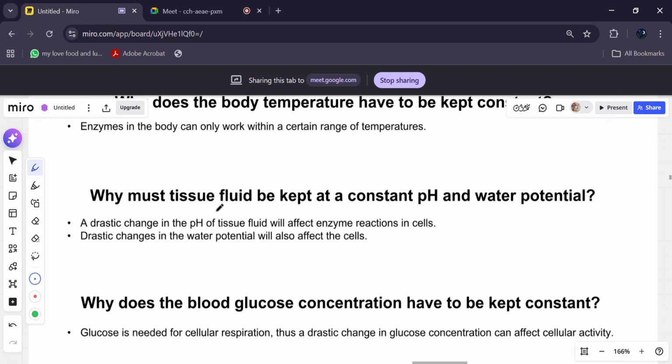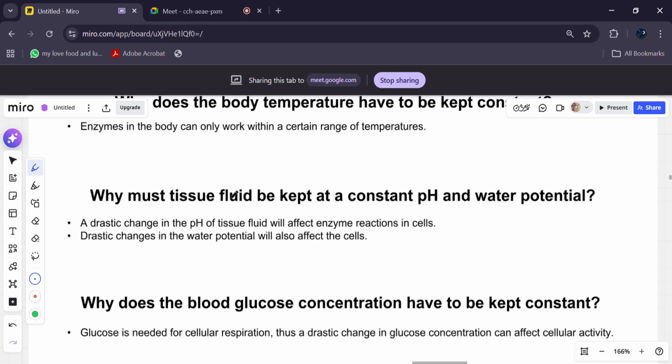And why must tissue fluid be kept at a constant pH and water potential? Body temperature isn't the only thing that must be kept constant in our internal environment. Water concentration and blood glucose concentration also must be kept constant. But why? The pH of a tissue fluid affects the enzyme reactions in the cells and can harm the body, and drastic changes in the water potential also affect the cells.